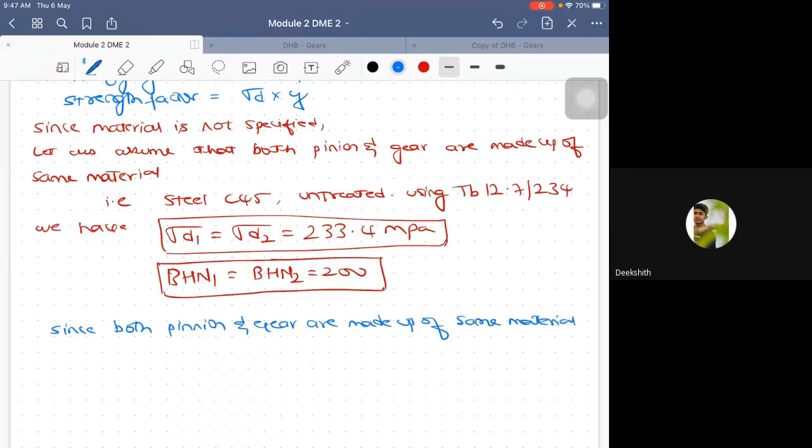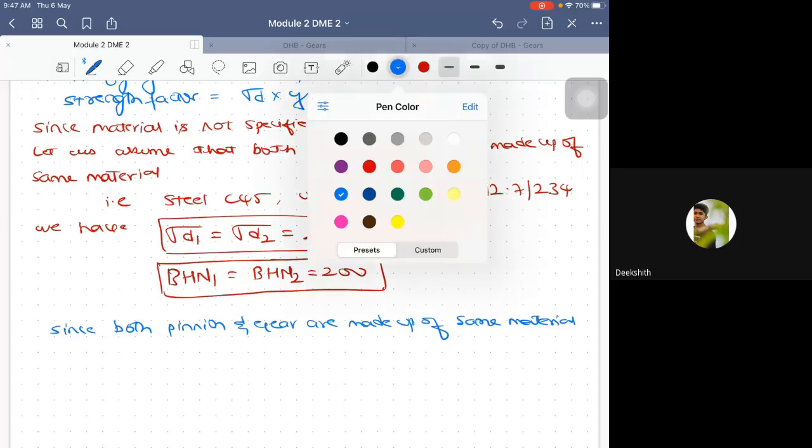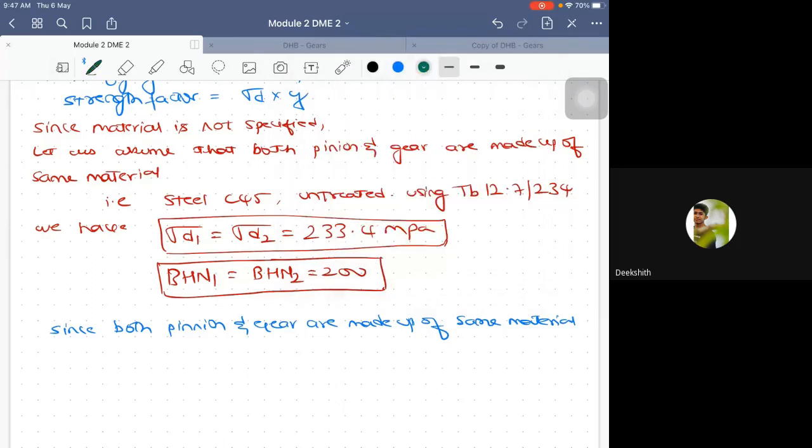Both pinion and gear are made of the same material. So we can come to a conclusion: which one would be weaker, pinion or gear, if both are of the same material? We already discussed this. Therefore, pinion is the weaker part.